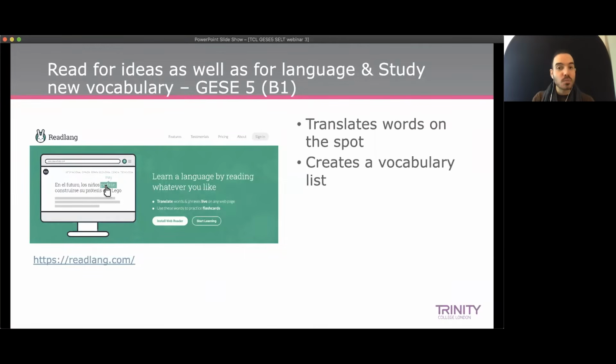So when you finish with the text, it is very easy for you to revise, to study again. You go to this list and you know that, these are the words I didn't know, so I need to study them. And if you want to register for free, it can also generate flashcards.